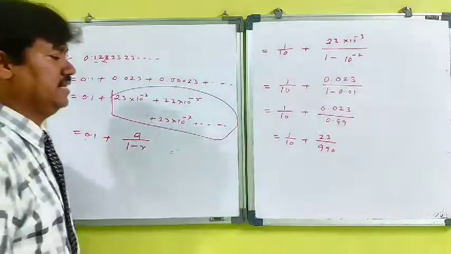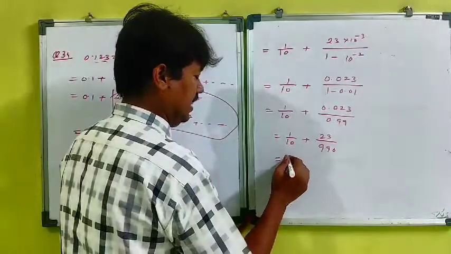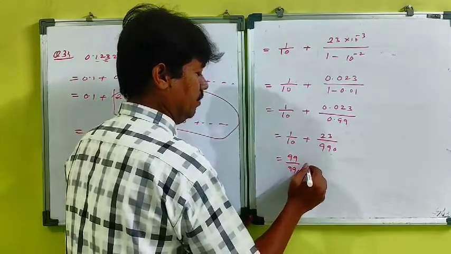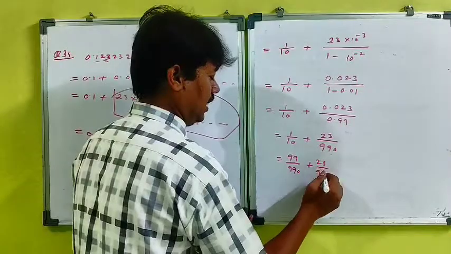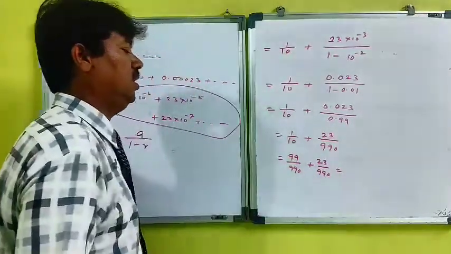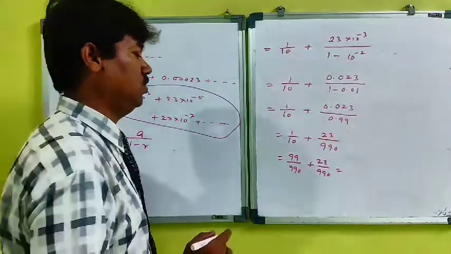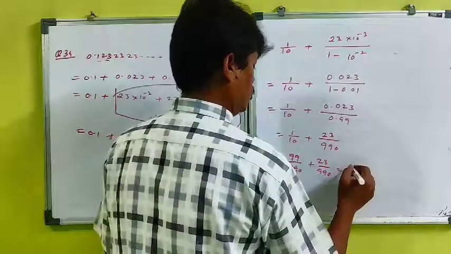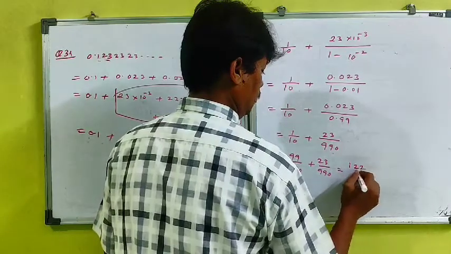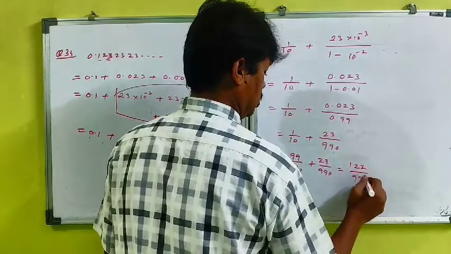So 990, take the LCM here, so it is 99 upon 990 plus 23 upon 990, which gives you 122 upon 990.